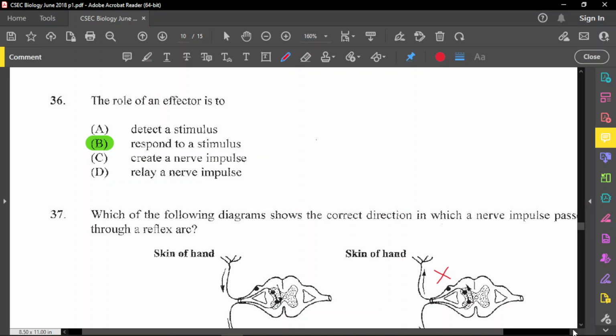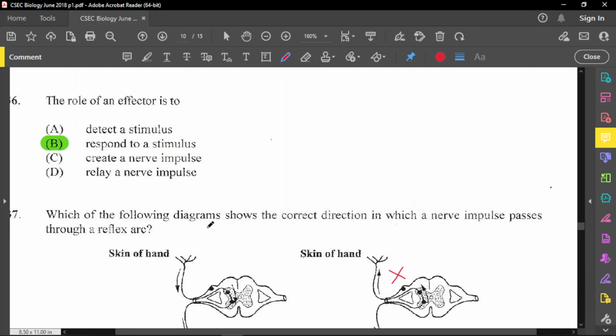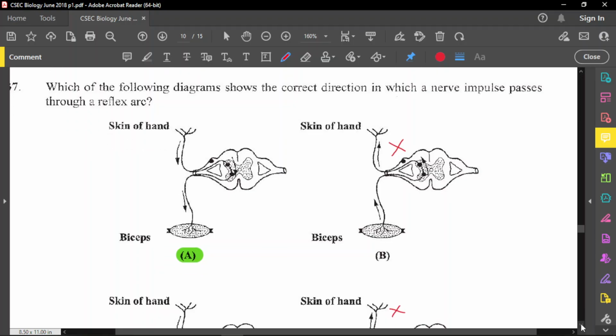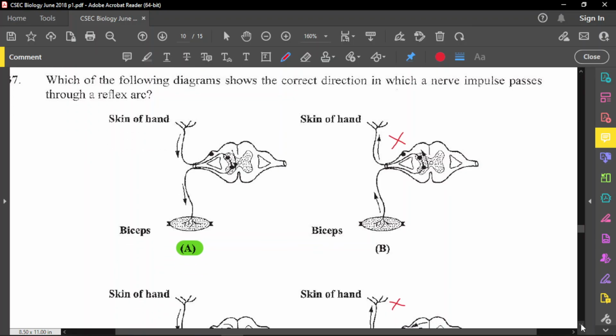Number 37, we said which of the following diagrams shows the correct direction in which a nerve impulse passes through a reflex arc? This is the only question I've seen that is not too familiar based on the papers that I've done so far. However, A will be our answer, and I marked an X through the others.